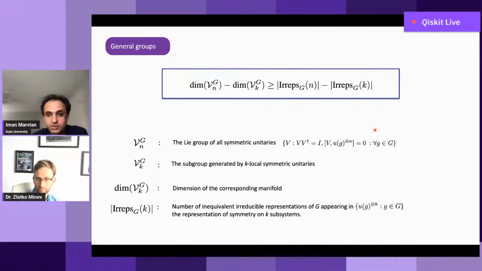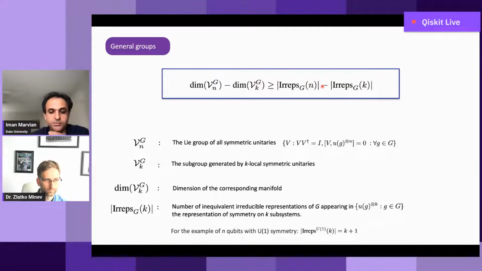So I talked about two examples, U1 and SU2. Here is the more general result. For a general group G, the difference in the dimension of the two groups is lower bounded by the right-hand side. This is the number of inequivalent irreducible representations of group G that appear on the n-system, the entire system, minus the number of inequivalent representations of group G that appear on k subsystems, or k qudits.